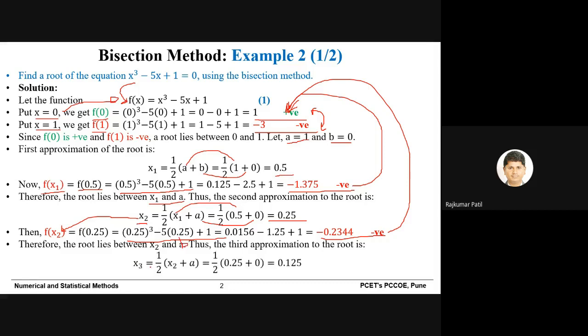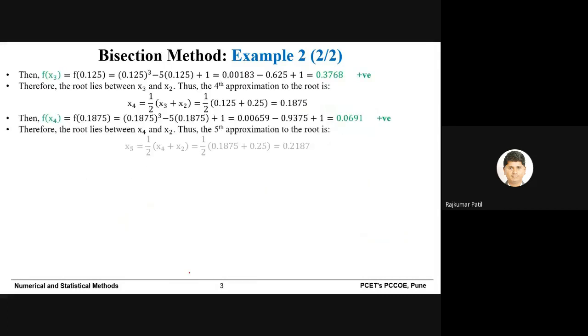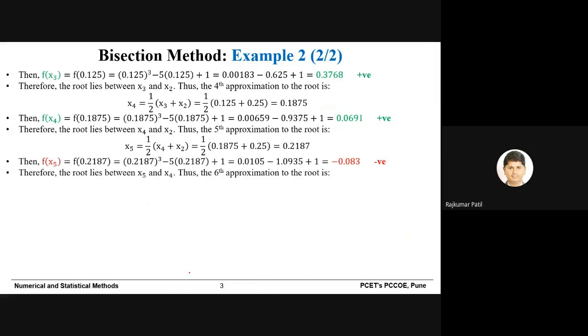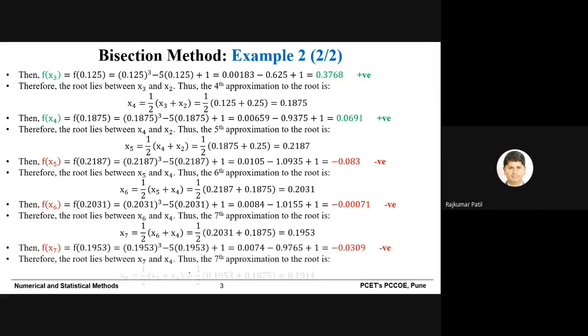So again, we can calculate the third iteration x3 by using that formula. Again, we will keep repeating this process till we get the answer up to the desired accuracy. So we calculated x4, x5, x6, x7, x8, and we can continue this process until we get two successive roots having nearly the same value, or when f of x is very close to 0.